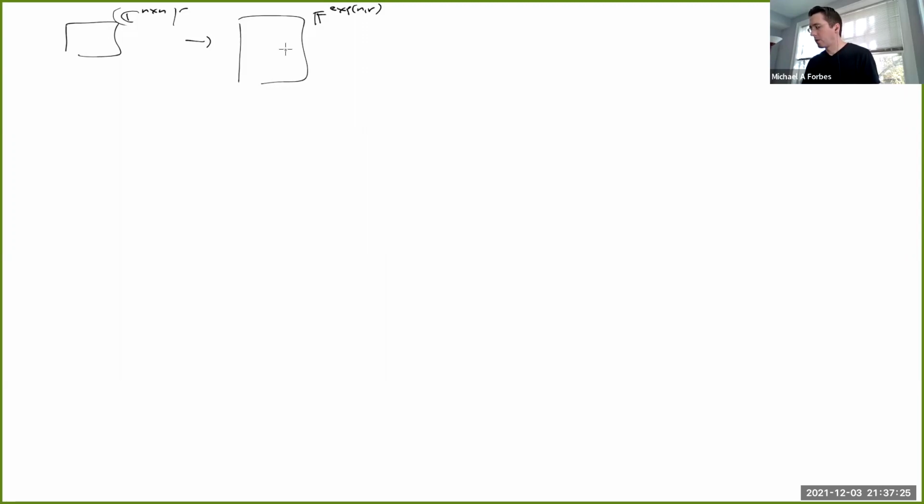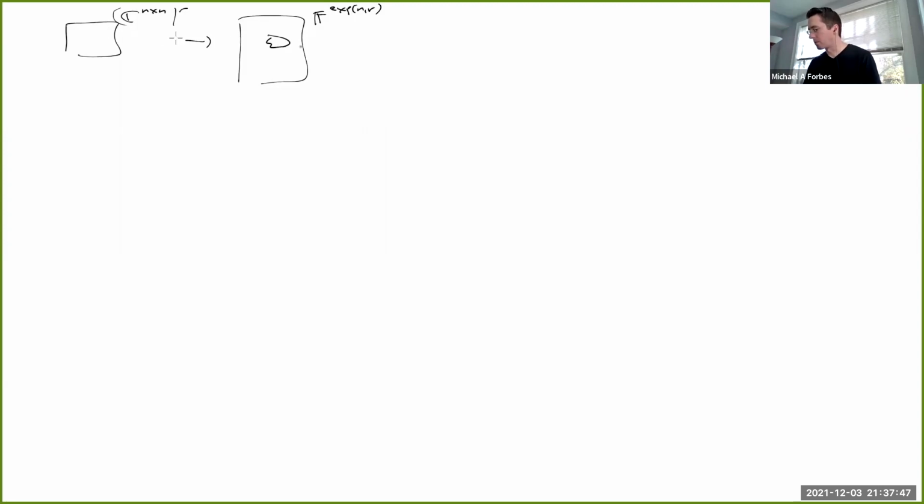And this is the embedding that shows that the GIT quotient is a variety. But this is not that large in dimension, right? It's like n squared times r dimension, just based on parameter counting. And this is really big dimension, exponentially large, right? So the image should really only be quite small, right?